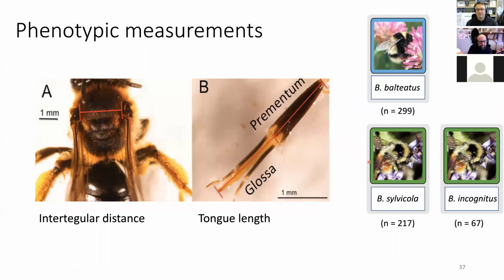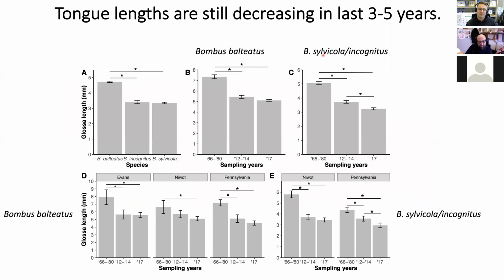We also had phenotypic measurements of the intertegular distance, which is a proxy for size, and the tongue length of these samples. One initial observation we made was that among the samples that we collected, they were already shorter than the ones that had been collected only a few years previously.